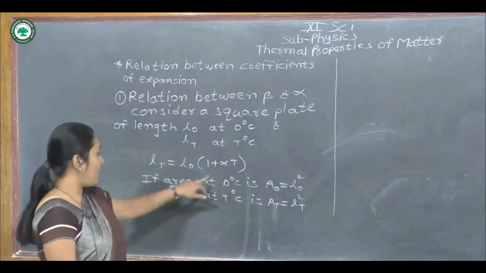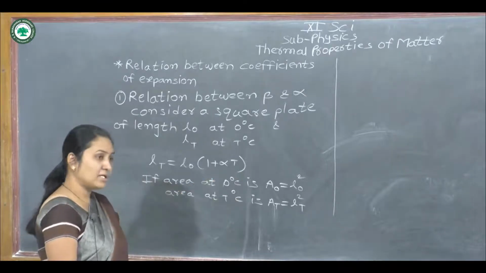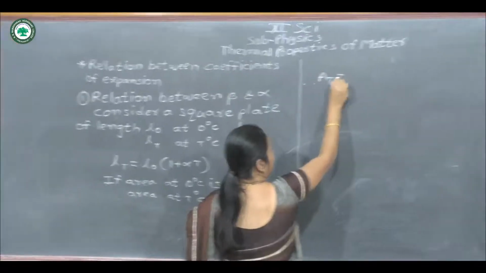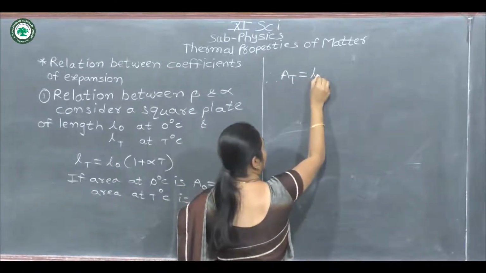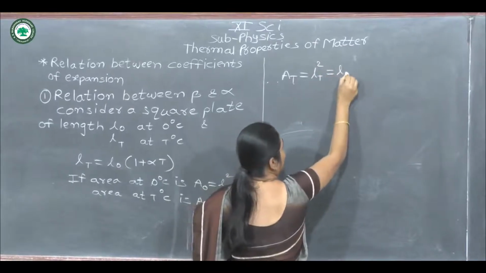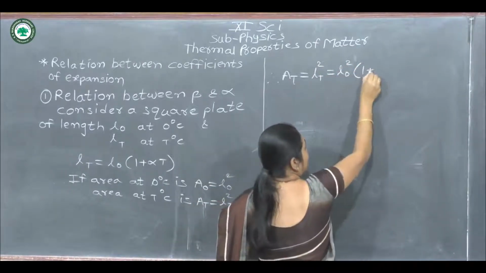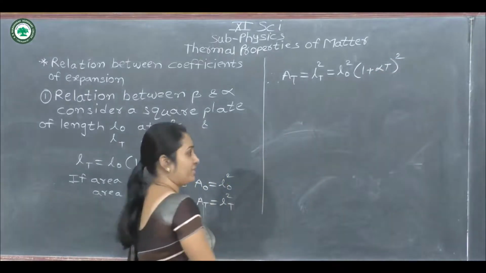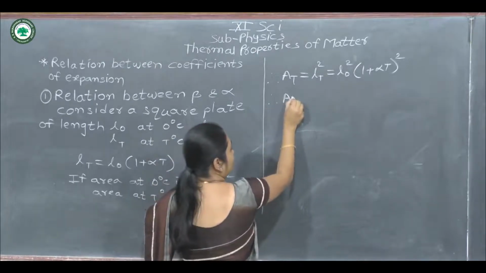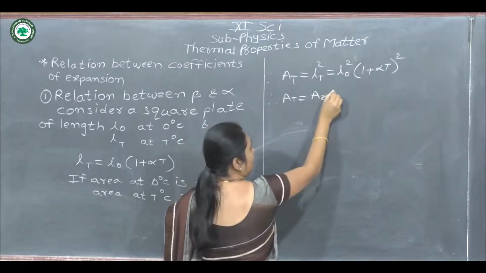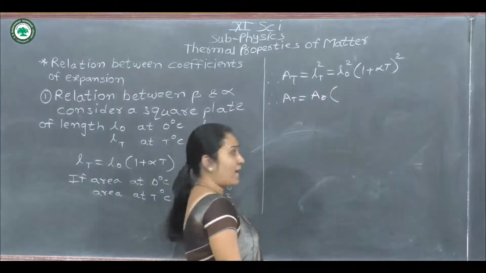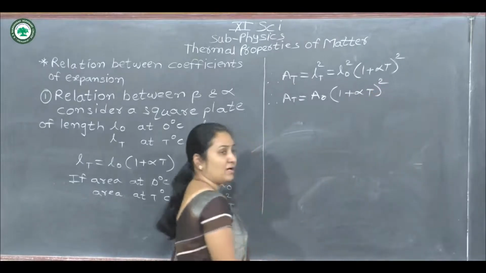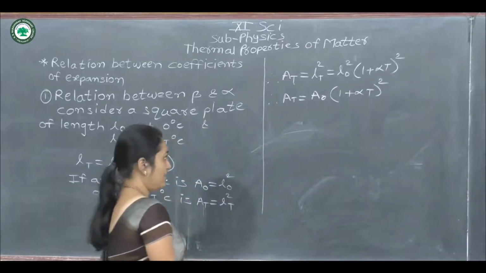In this formula we have LT equal to L0 in bracket 1 plus alpha T. So from this we can find AT equal to LT square, which is equal to L0 square in bracket 1 plus alpha T bracket square. Therefore AT is equal to A0 in bracket 1 plus alpha T bracket square.